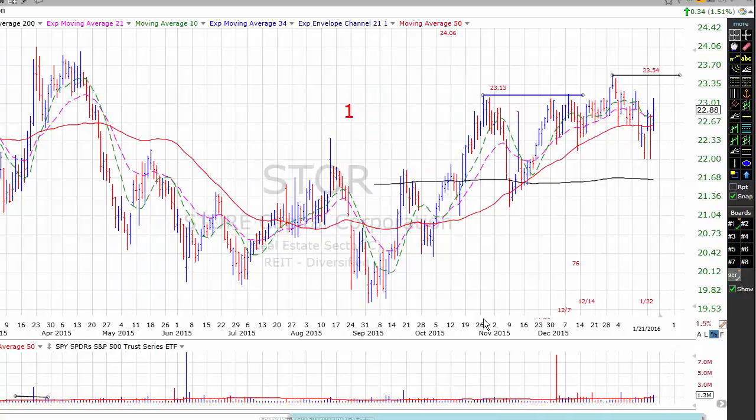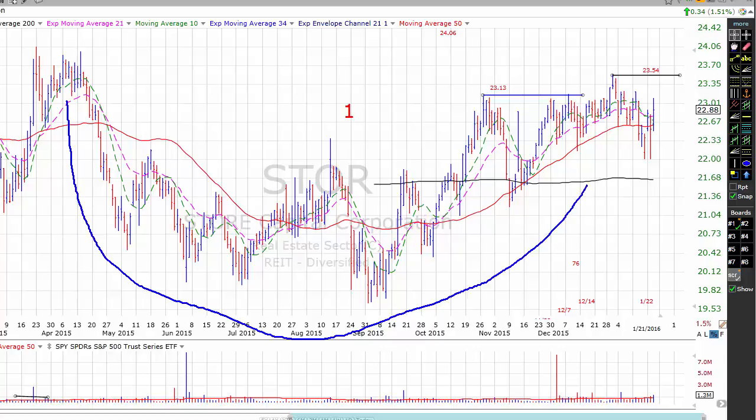And you can see Store Capital is putting in this long-term first stage cup and handle base. Notice how the volume has dried up in the handle portion of the base. We want to see volume pick up as we move up the right side of the base and then dry up in the base.